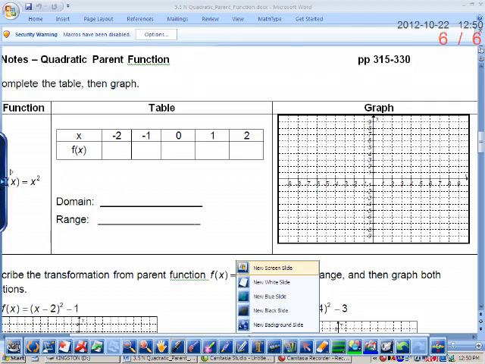Remember that it's f of x. Sorry, the f got cut off. f of x equals x squared. Okay, so when I plug in negative 2, I get 4. When I plug in negative 1, 1, then 0, 1, and 2, 4. All right, go ahead and graph it.